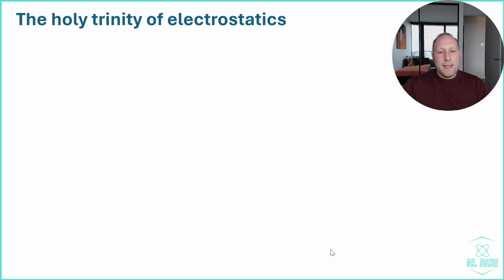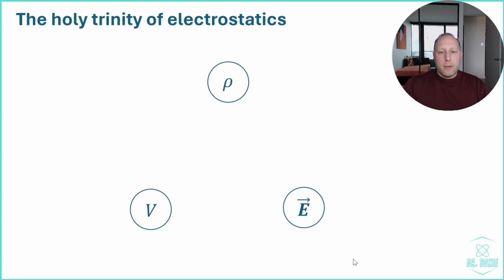So what have we seen actually about electrostatics? Well, there are three main players in electrostatics: the charge distribution rho, the electric field caused by that charge distribution, which we want to know, and the potential. Now, in a first step, we saw that if we have the charge distribution, we can get E by solving this integral, which in general is not solvable.